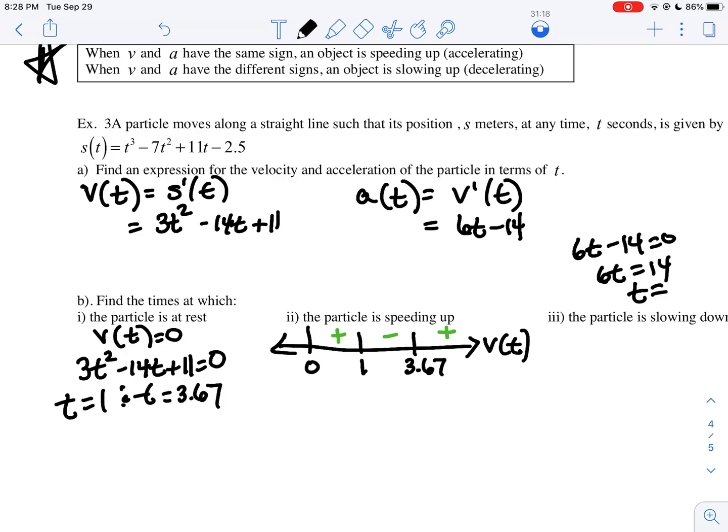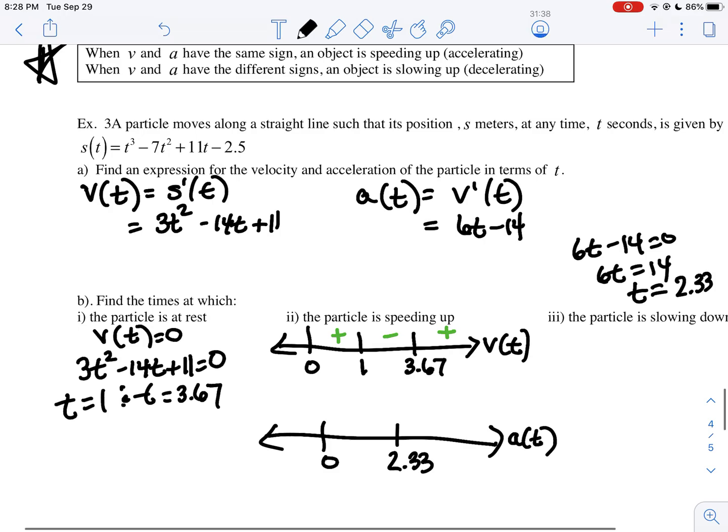So t is about 2.33. Because then I need to find where the acceleration is changing sign. So I need to know where that is 0.